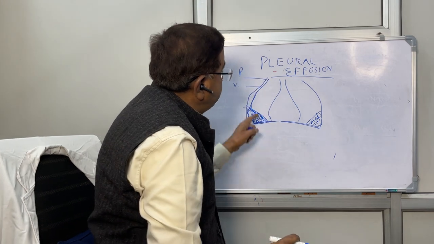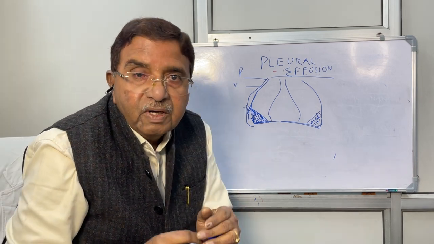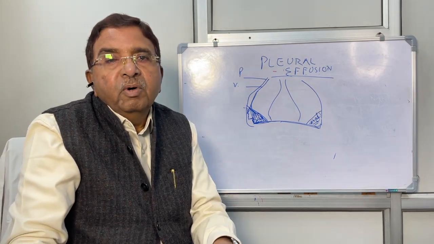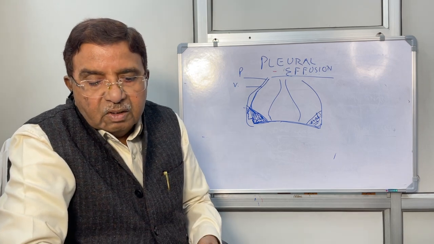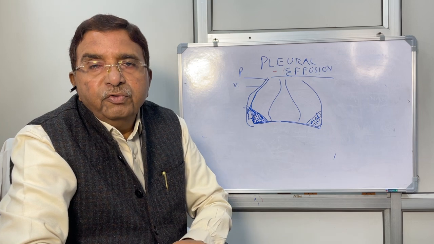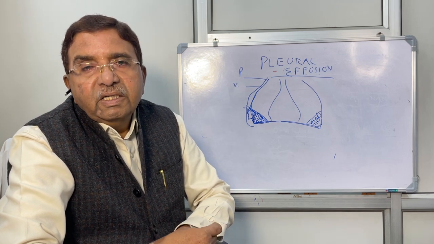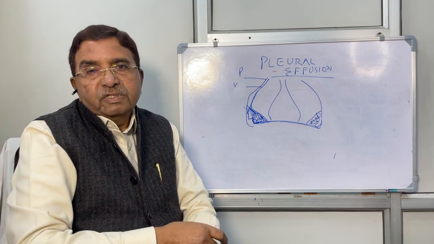The cavity between these two layers is known as the pleural cavity, and normally it has about 10 ml of clear fluid. When there is a collection of fluid of more than 10 ml in the cavity, the condition is termed pleural effusion.